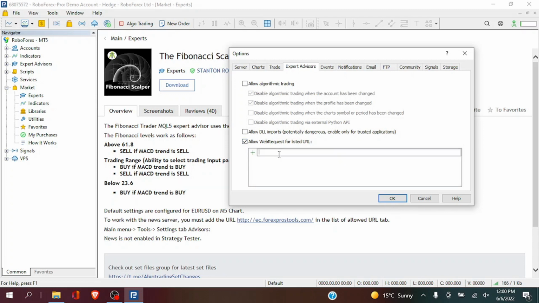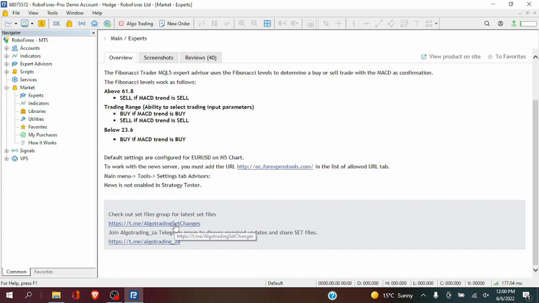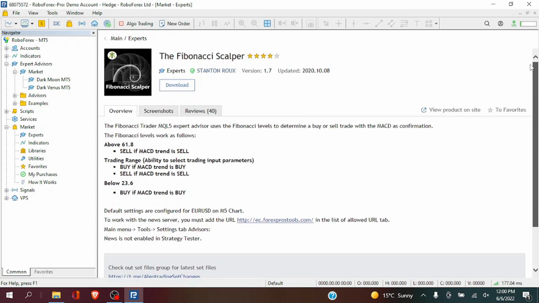Now remember, news isn't enabled in Strategy Tester, and you have to manually add the website into your web request URLs. Now if you allow this, you can actually use a news filter for this expert advisor, which decreases your risk. Last but not least, we are going to download the expert advisor, and remember there are the two groups available if you need help. So we're going to press download.